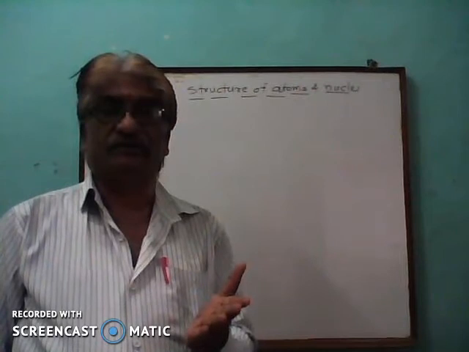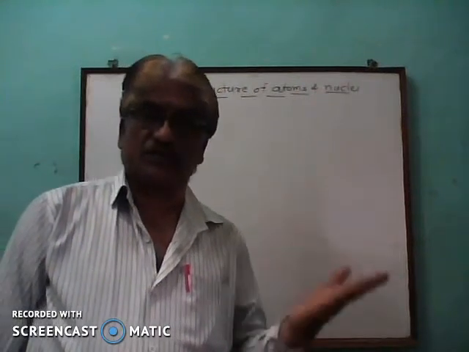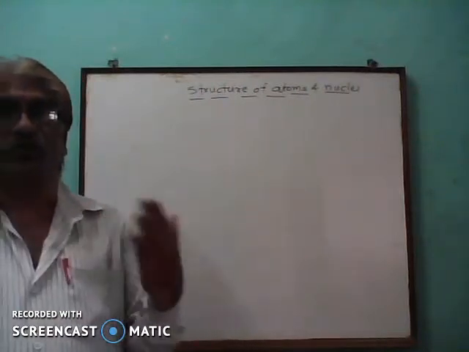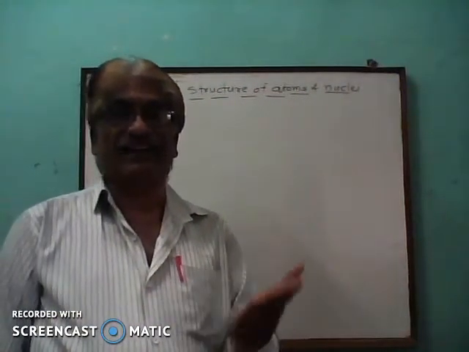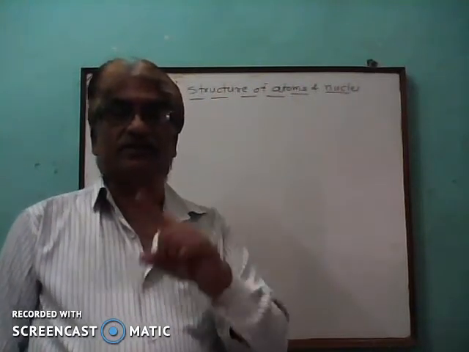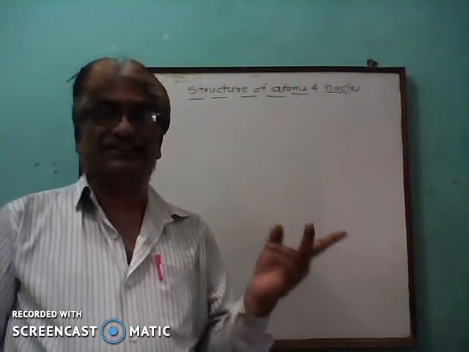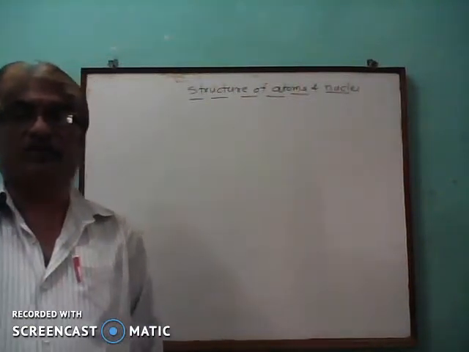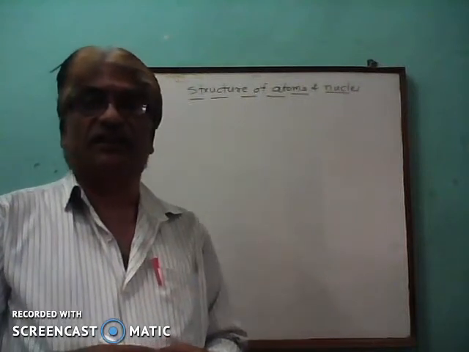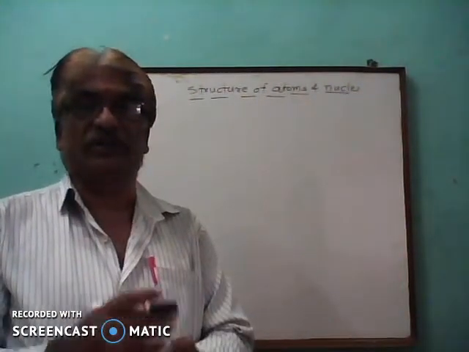If the question is asked on radius, we know that radius is directly proportional to the square of the principal quantum number. If their relation is known, then we can find the answers to the questions asked.